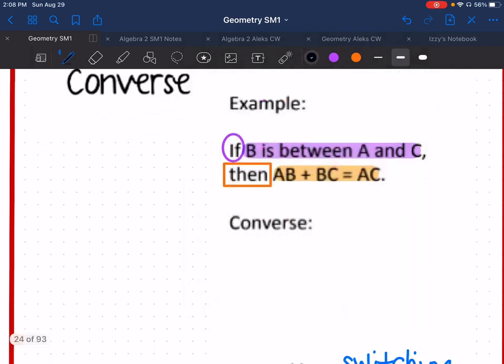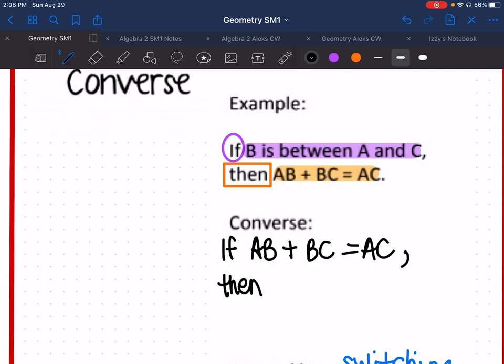So when I go to write the converse, I'm simply going to be switching the highlighted parts. So the converse would say if, and now I'm going to write the conclusion, AB plus BC equals AC. I'm going to keep the comma because that is the structure of our sentence. And now I'm going to write the word then because it has to be in that form. And now I'm going to go ahead and write the hypothesis.